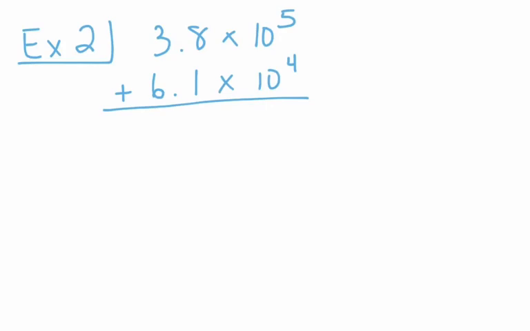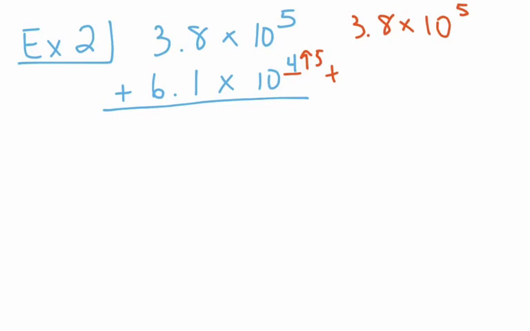So what I'm going to do is rewrite the problem over to the right. I'm going to write 3.8 times 10 to the 5th, and I'm adding to that. Instead of writing 6.1 times 10 to the 4th, I need to make this exponent into a 5. That means this exponent needs to get bigger to become a 5.